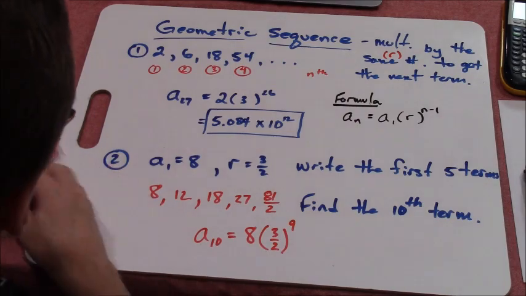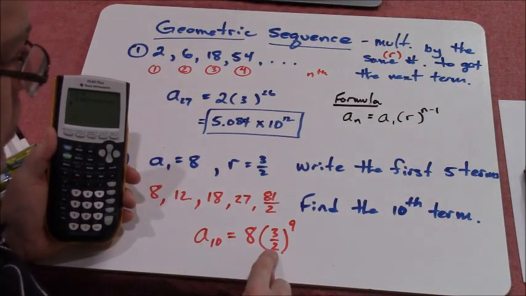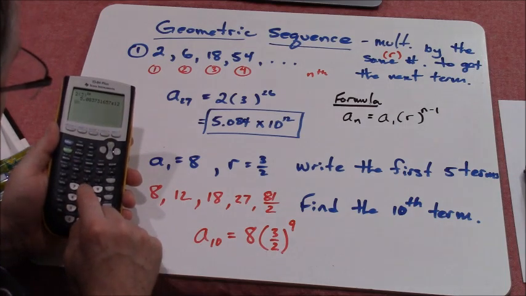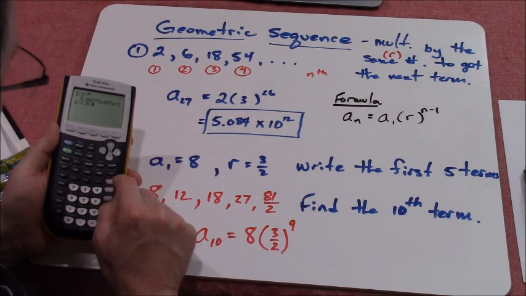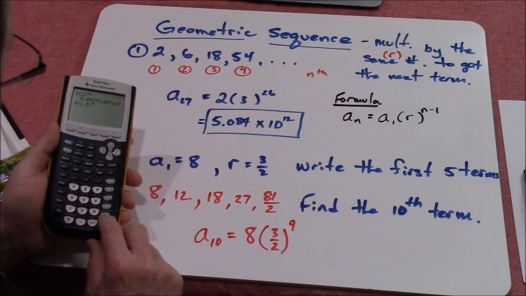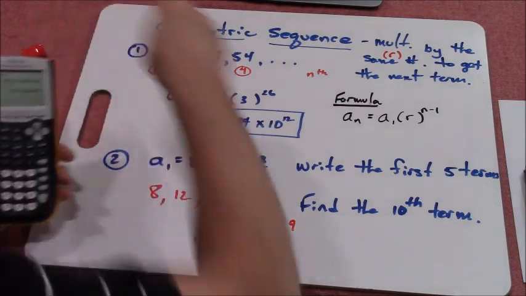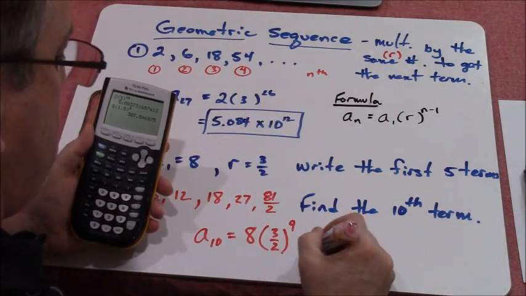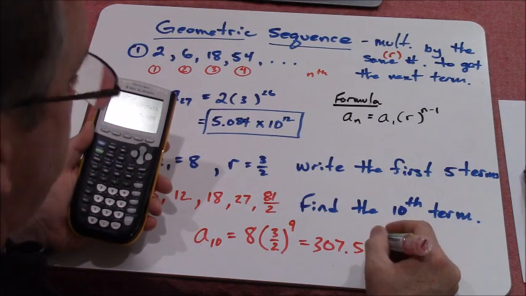And so if I did that on my calculator, you can even call this 1.5. So I've got 8 times 1.5 raised to the 9th. And I got 307.547.